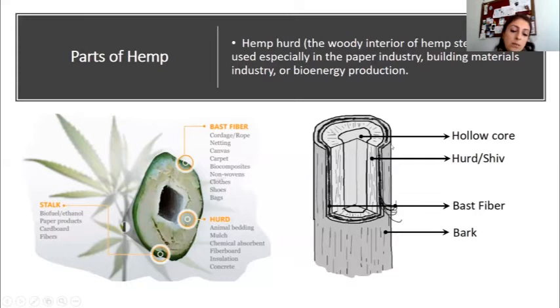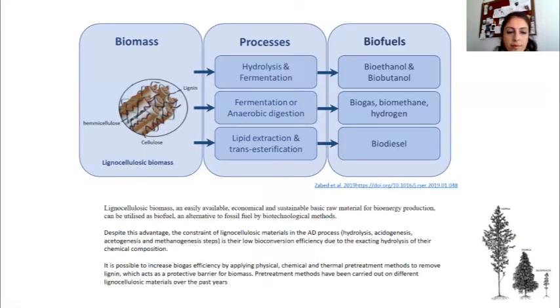Hemp hurd is the more woody part of hemp. It's used in the paper industry, building material, and in our subject, bioenergy production. Hemp hurd is also lignocellulosic biomass, and lignocellulosic biomass consists of hemicellulose, cellulose, and lignin. These parts are very important for producing biofuels.